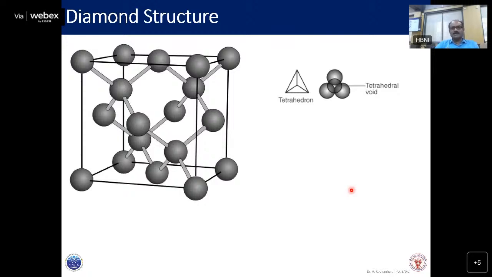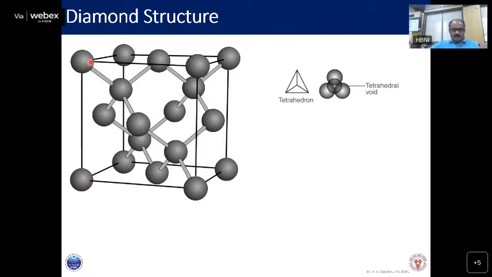Why the diamond structure is important is because silicon and germanium, both these materials, crystallize in the diamond structure. Now, in what way is the diamond structure different from other structures? Actually, it is a face-centered cubic structure only, but with slight modifications.